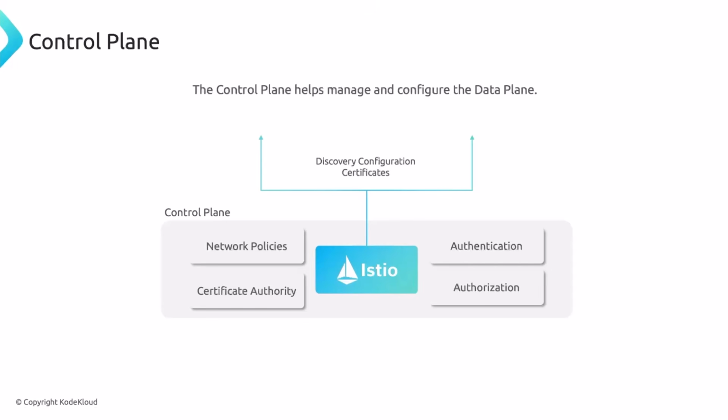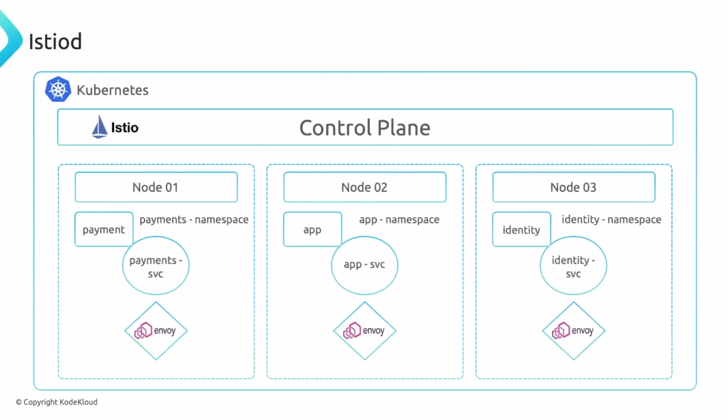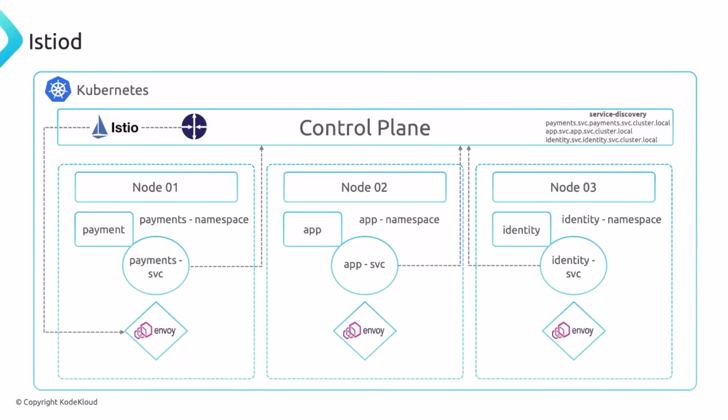All of this is handled by istiod, which is a pod or the pilot container that runs inside the cluster when you install Istio. Istiod provides service discovery and configuration. It translates high-level routing rules that govern traffic behavior into Envoy proxy-specific configuration and applies them to the sidecars at runtime.